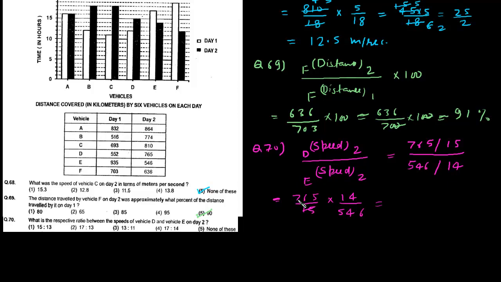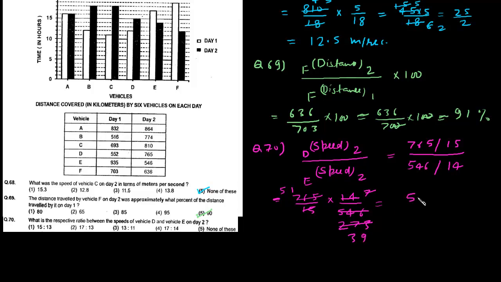So it will go from 15: 15 5s are 75, 1 5, that is 1. And from 14, can we divide this? I think we cannot divide, so let's divide it by 2: 2 7s are 14, 2 2s are 4, 2 7 3. Then 7, yes, we can divide: 7 3s are 21, then 6 3 9.